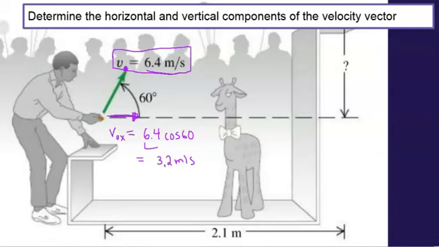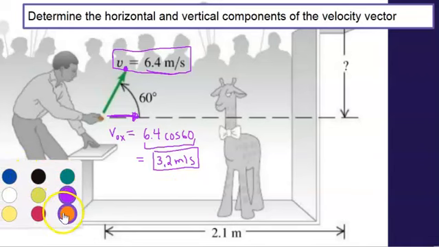Okay, make sure your calculator is in degrees. If you don't know how to do that, please ask in class. It's the mode button, which is right below the quit button. So at that instant, the quarter is heading over at 3.2 meters per second.